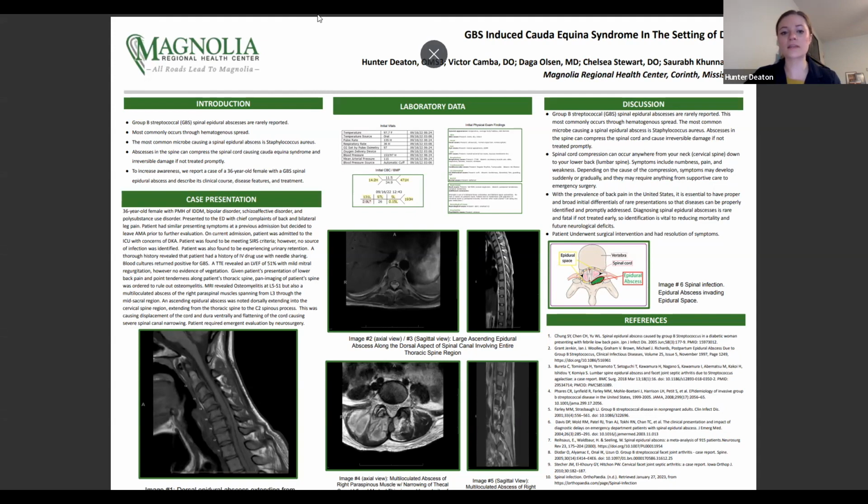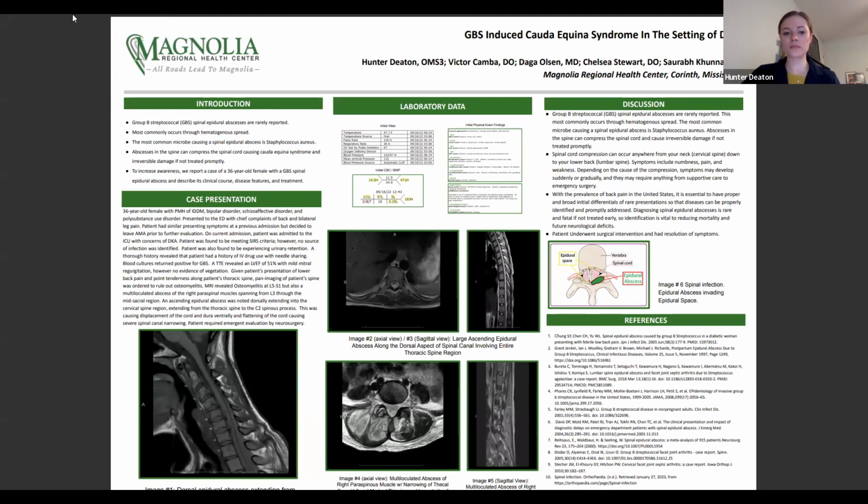But in our case, what made it interesting was the bug that was causing this, group B strep, because that was not as widely reported in the literature. Also, the presence of DKA kind of blurred the picture because you can have the abdominal and back pain. And so it made it harder to identify what was causing these symptoms.